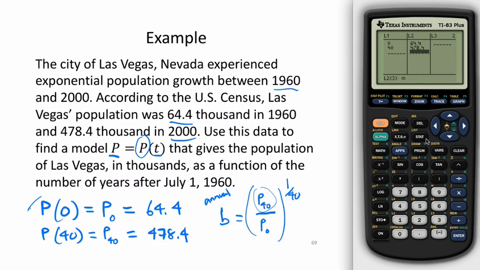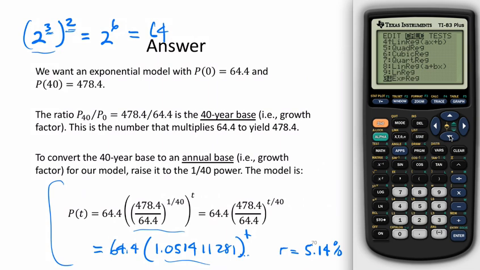Another way of getting the model that fits these two data points is to use exponential regression. Stat, calc, and cursor down to this one, EXP REG. So I'm going to run now EXP REG, exponential regression. Now, the nice thing about any of these regressions that are included in our calculator, the user interface to run the regression, works the same way as the linear regression that we already learned.